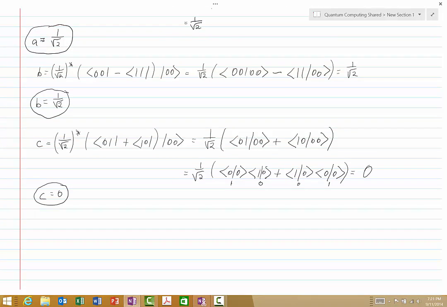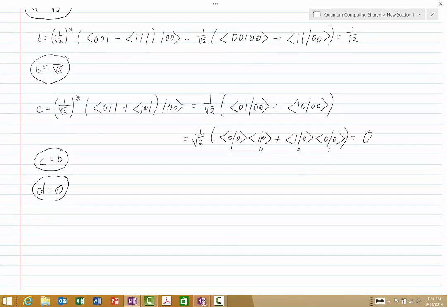And finally, D, the work is essentially exactly the same, and D will be equal to 0. And so what we find is that 0, 0 is 1 over square root of 2 phi plus plus 1 over square root of 2 phi minus.